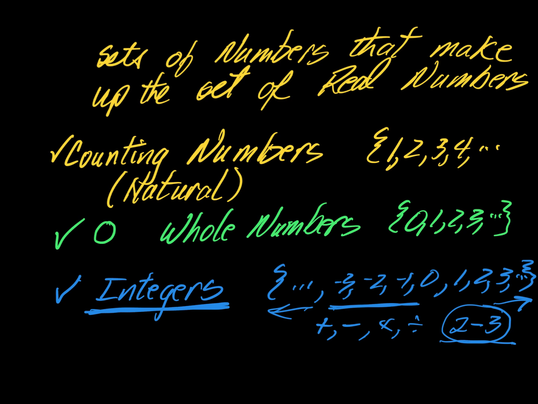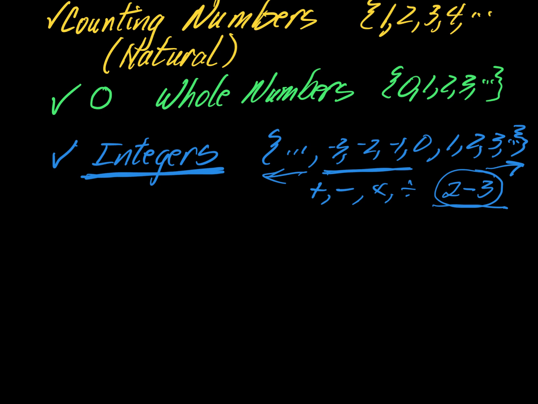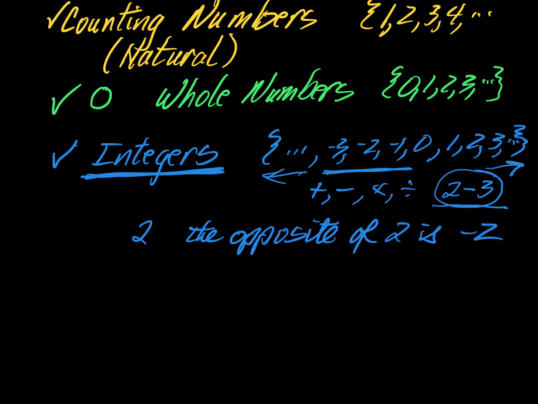So counting numbers, whole numbers, integers. And there's a whole set of properties that come about because of the integers. You can begin to talk about the opposite. If I give you a number 2, the opposite of 2 is negative 2.